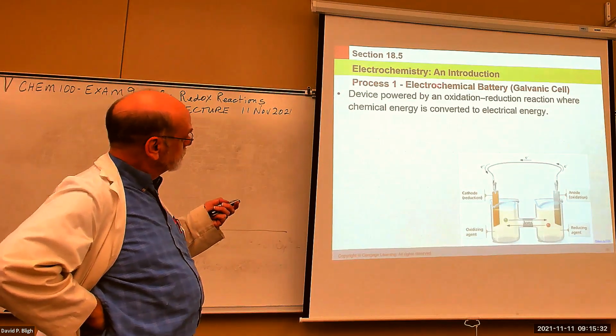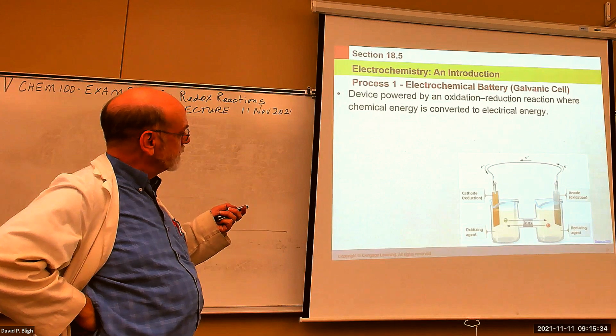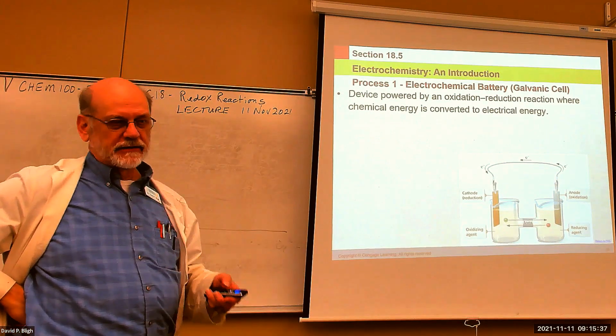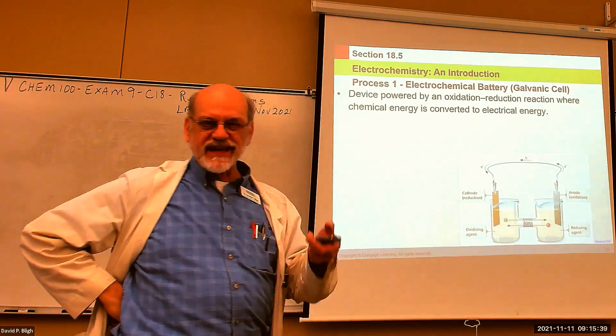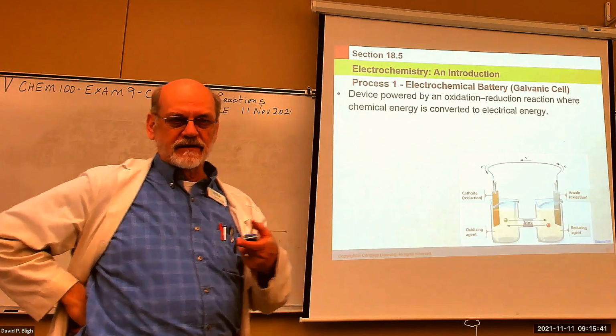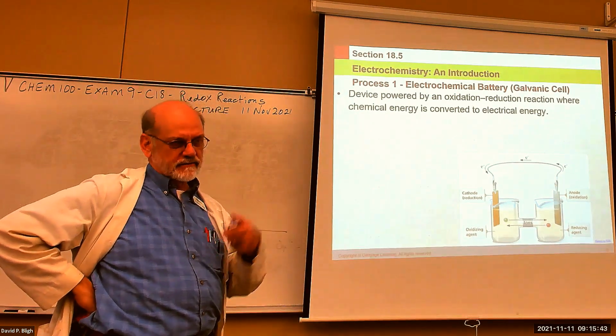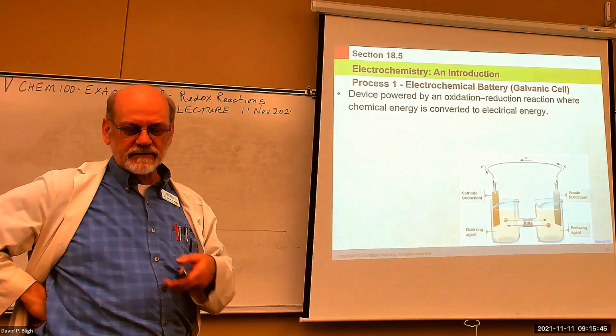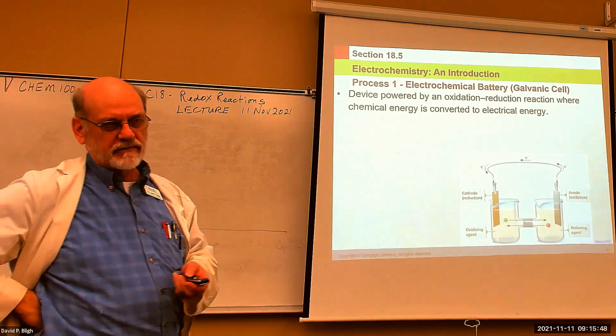There's another name. An electrochemical cell or battery is also called a galvanic cell. That's named after the Italian Galvani, who was the first person to invent the battery. Actually, he called it something else.